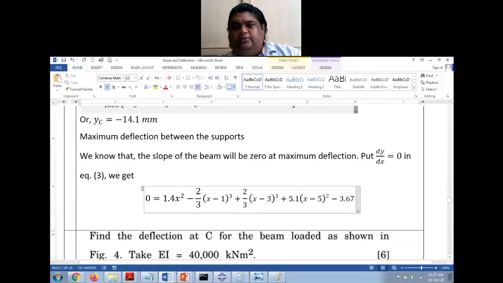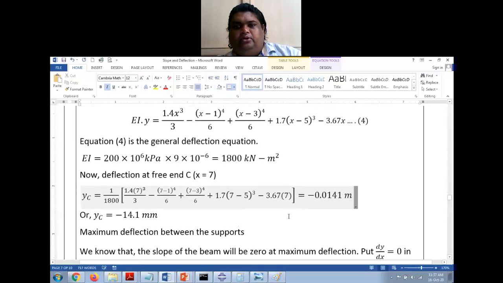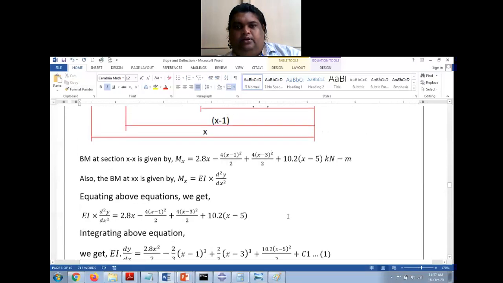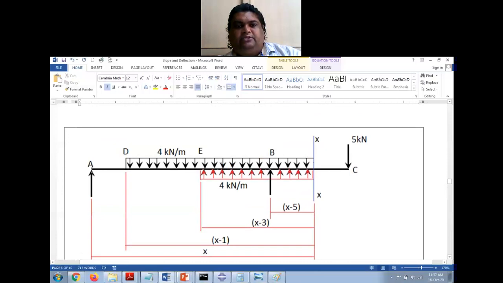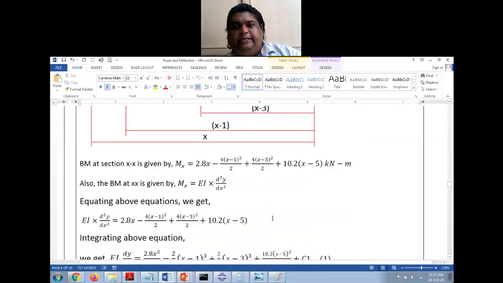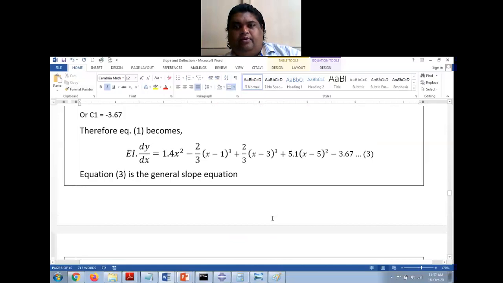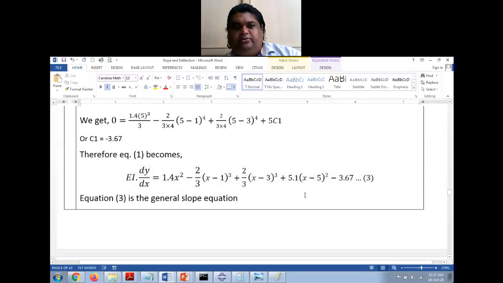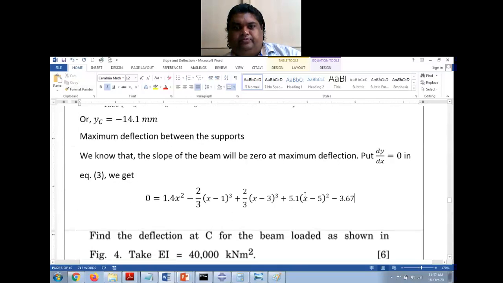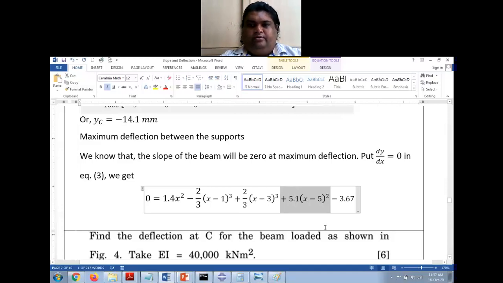This term will not be applicable because the support is x is equal to 0 to x is equal to 5. So this term should be neglected, so I have to drop it from here. Or let it be there. Let us see how it works.